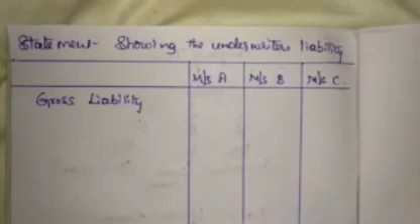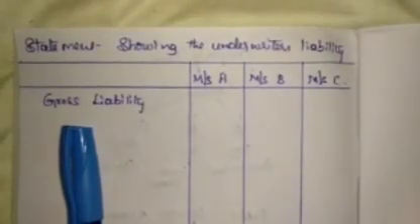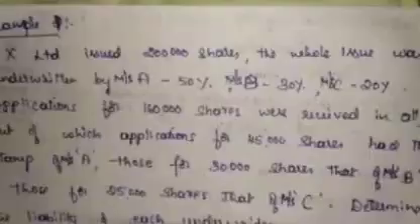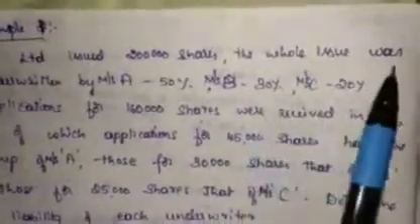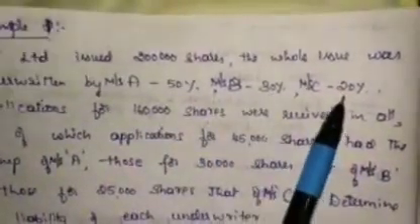So we'll solve this problem. First you have to write the gross liability. What is the liability taken up by each underwriter? The whole issue was underwritten by A 50%, B 30%, and C 20%.